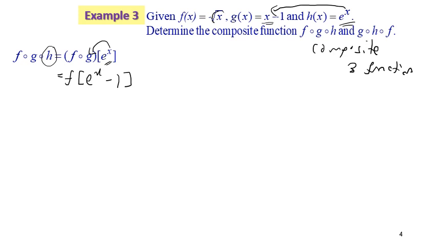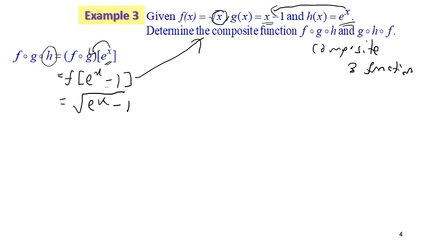So function f we have square root of x. So we substitute x with this one, that is e to the x minus 1. So now square root of x will be e to the x minus 1. Right? So this is the composite function of fgh. I hope you can get it.